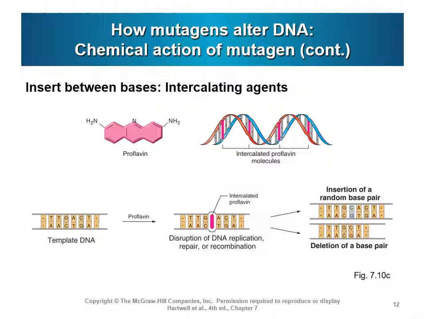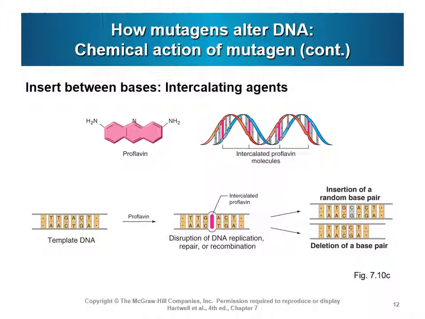Finally, the last one that we are going to talk about is the intercalating agents that cause chemical mutagenesis. What are intercalating agents? Those are molecules that can get between strands of DNA and basically create a lesion.